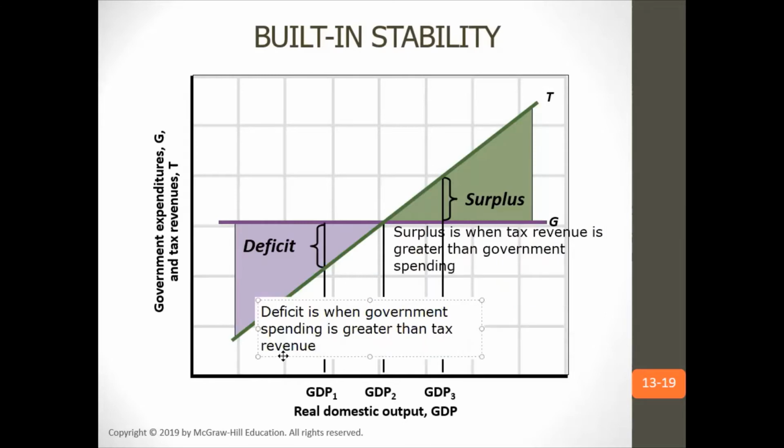Surpluses are good because they're saving money. Deficits are not good because they're going into debt because they don't have the money for spending. However, deficits can be good in some cases because they're good for infrastructure spending.